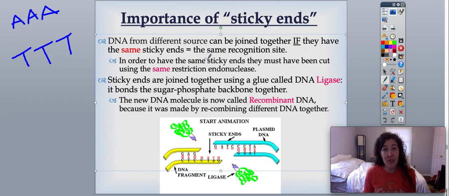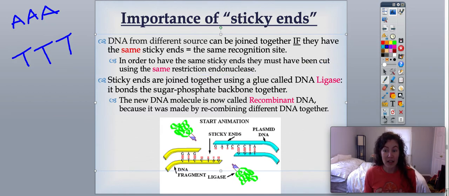And in order to get those sticky ends, you have to actually cut using the same restriction endonuclease, the same enzyme for both organisms. There's many different types of restriction enzymes, blunt-ended ones, sticky-ended ones. You'd have to use the same sticky end enzyme.